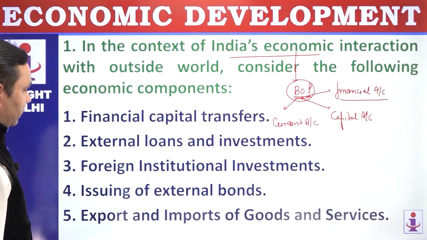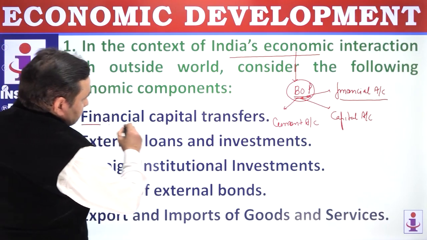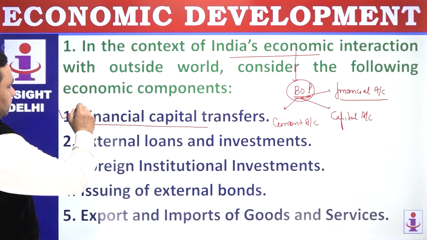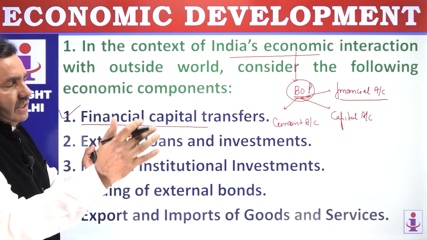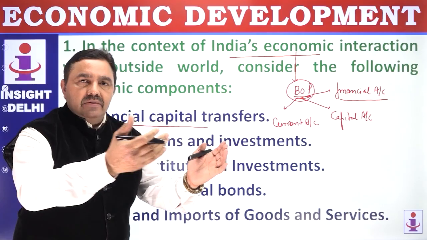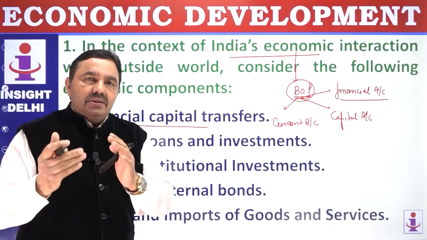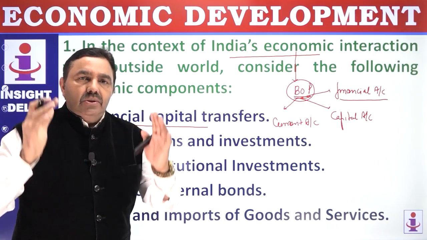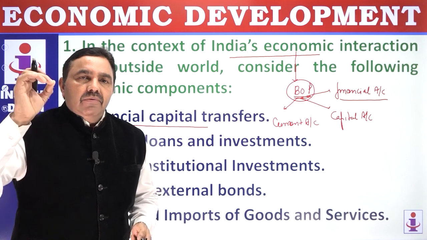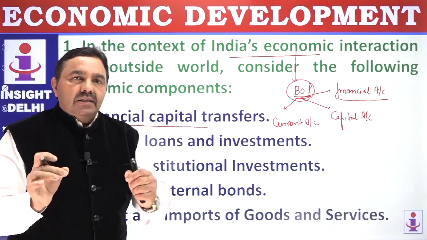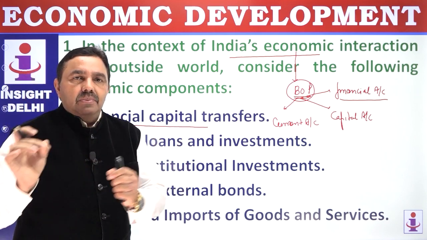Financial capital transfers. Any kind of capital transfer, whether Indians are investing outside or foreigners are investing in India, the capital account covers those components which involve transfer of assets across borders.